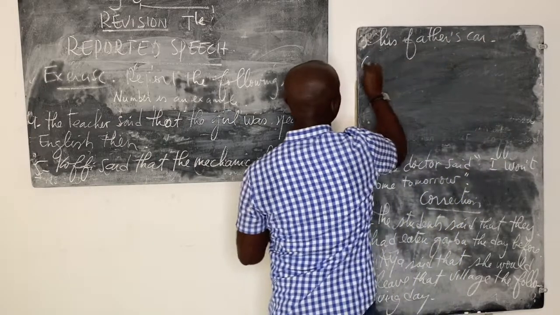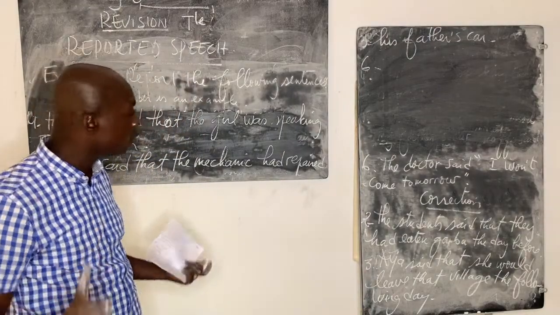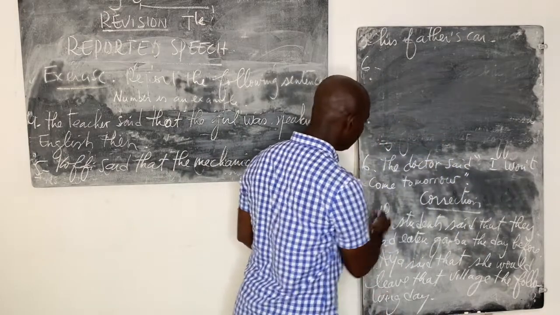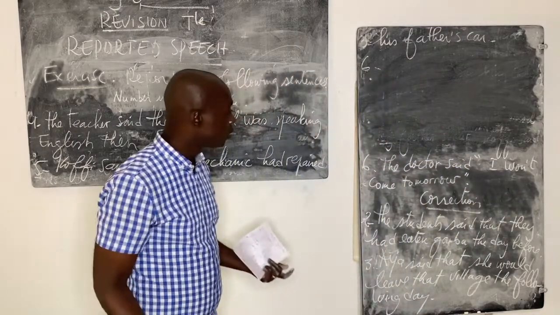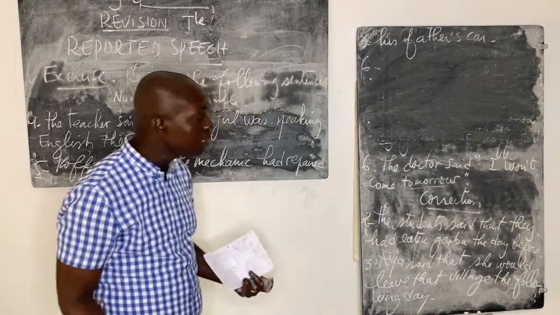The last sentence, the doctor said, I won't come tomorrow. So it's going to be, I won't come. The future is going to be the conditional, and tomorrow is going to become the following day.